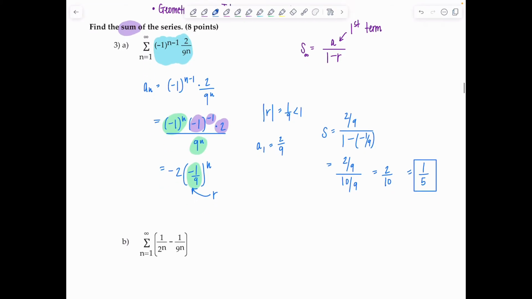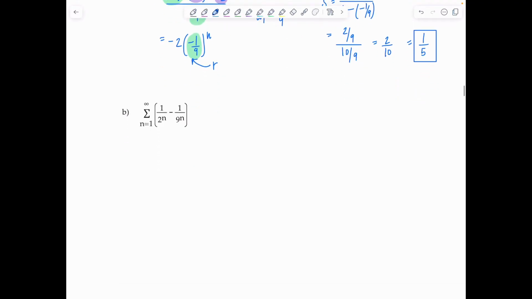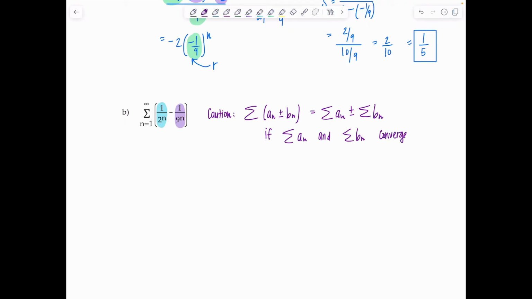Next, again, find the sum of the series. This is again going to deal with the fact that these terms belong to geometric series, but you have to be careful. Caution: the sum of a_n plus or minus b_n only is equal to the sum of a_n plus or minus the sum of b_n if we know that the sum of a_n and the sum of b_n are already convergent.